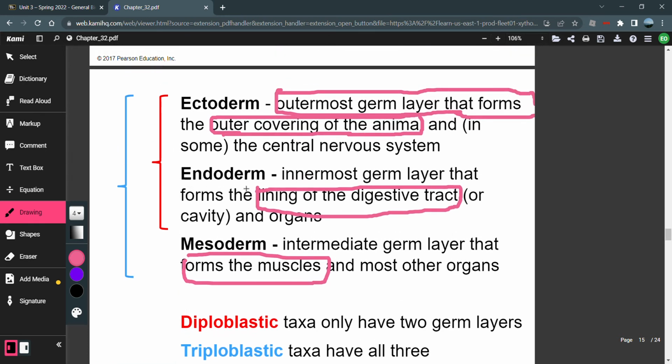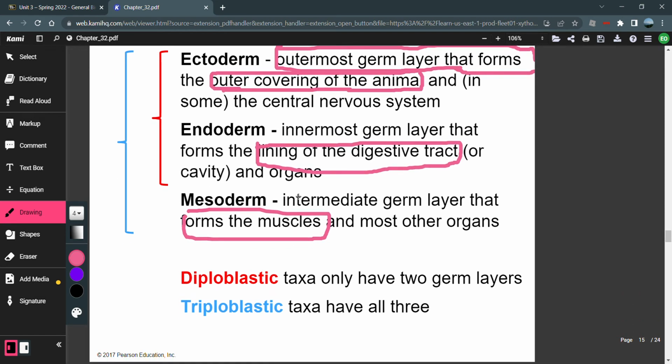Mesoderm is the intermediate, the middle. So ectoderm comes up top, mesoderm in the middle if they're triploblastic, and if not, endoderm proceeds next. But we'll use an example of a triploblastic animal: ectoderm on top, mesoderm in the middle, and endoderm at the bottom.